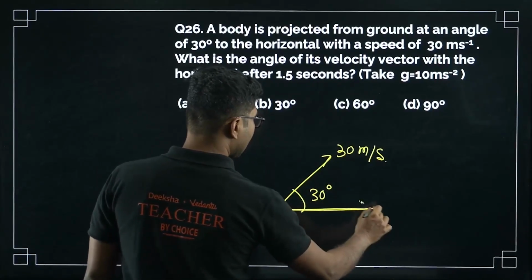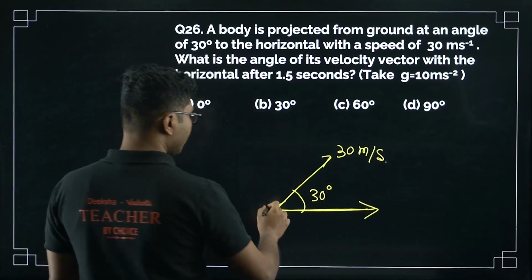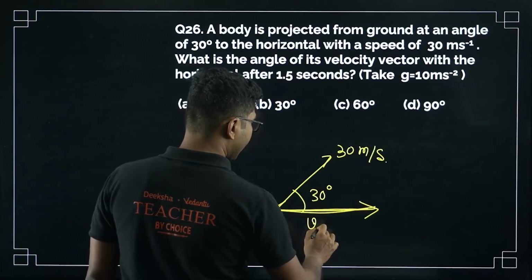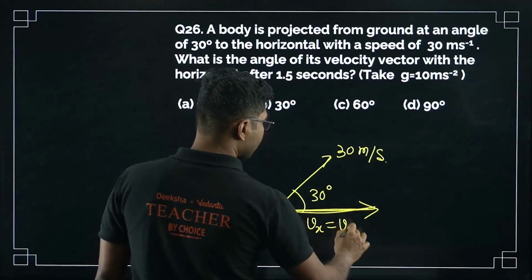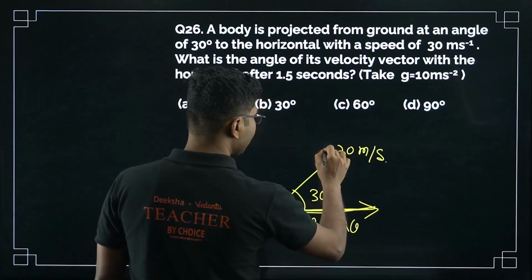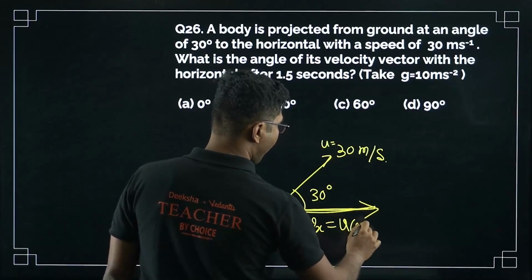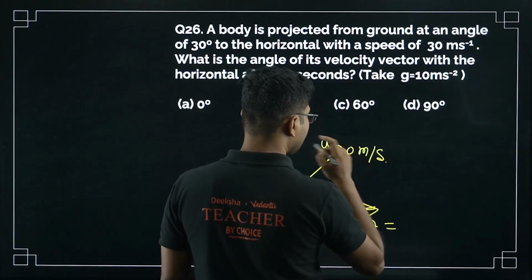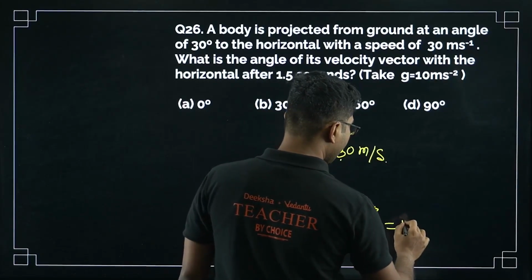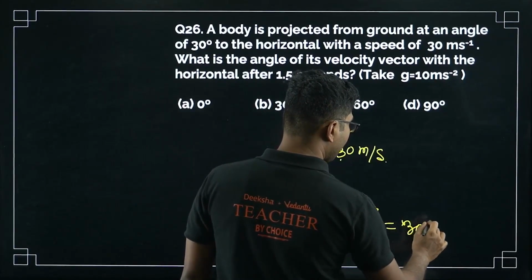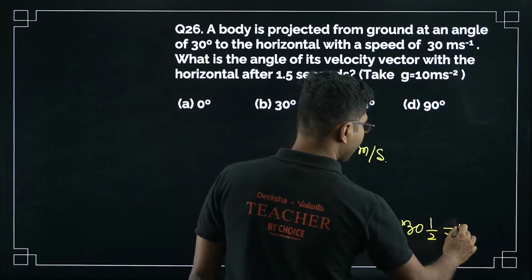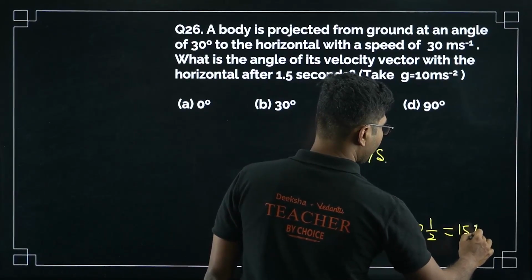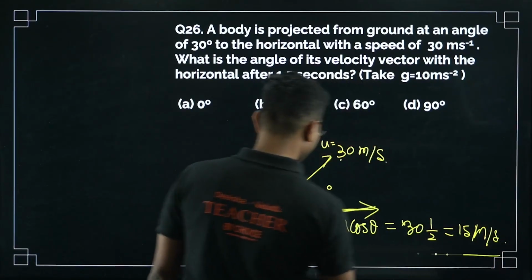What is the x component? X component is v cos theta, or u cos theta. Cos 30 is root 3 by 2, so it will be 15 root 3 meter per second. This is the x component.